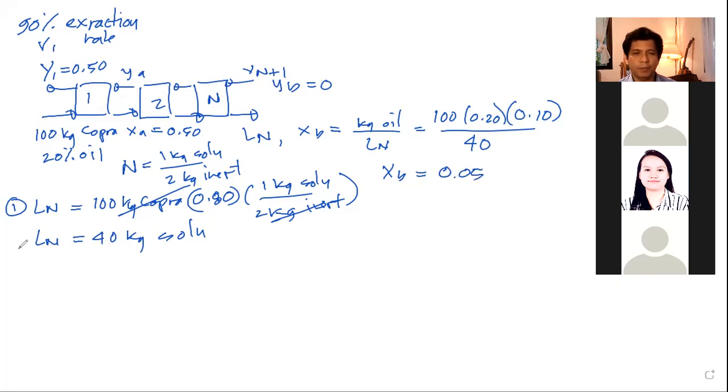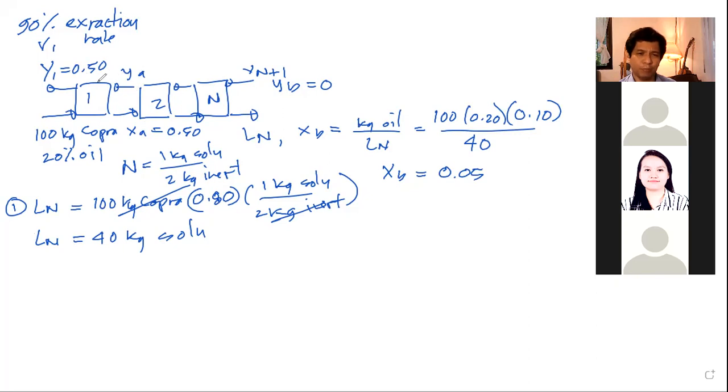Okay, so pag meron ng X sub B, next is we need to solve Y sub A. Yun na lang yung wala kasi meron na tayong X sub A, X sub B, Y sub B. So generally, in order to solve Y sub A, mag-oil balance tayo dito sa 1.